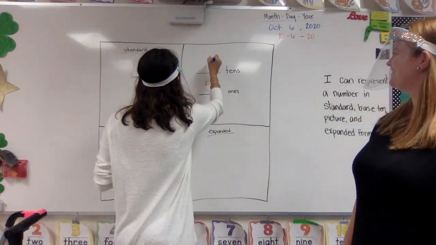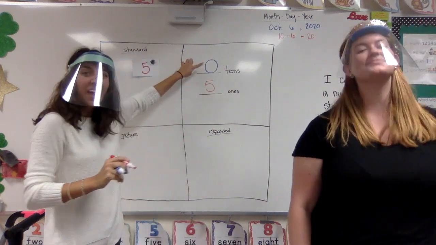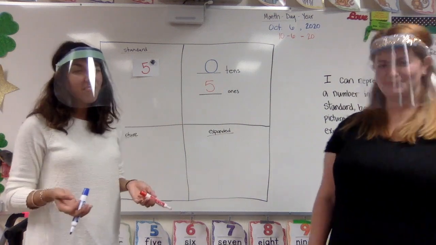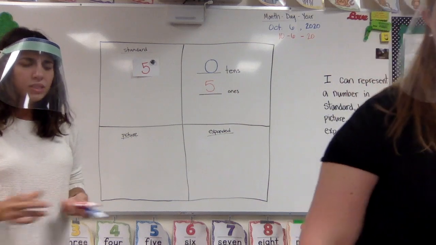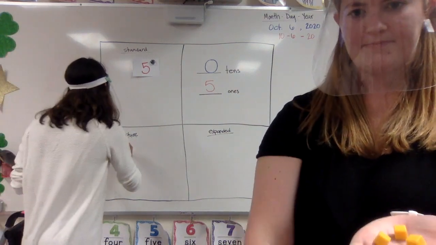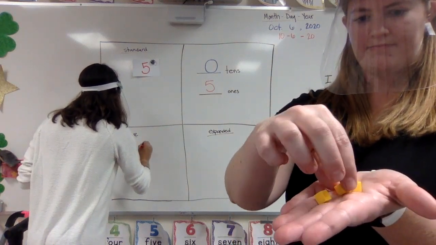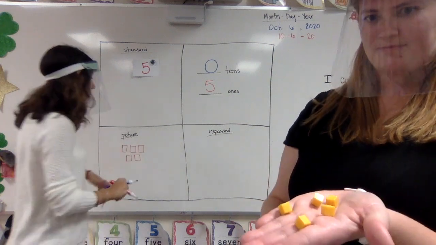Oh, okay. Wow, I do remember that from yesterday. So I'm going to go ahead and put a 0 in my 10s place because there are no 10s in the number 5. So if I'm going to build it in a picture form, Miss Lime wouldn't need any 10 blocks at all. She would just need 5 of our 1 blocks. And so I'm going to draw 5 squares to show our 1 block.